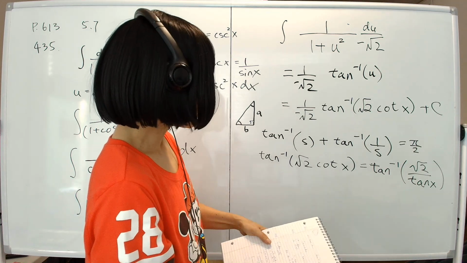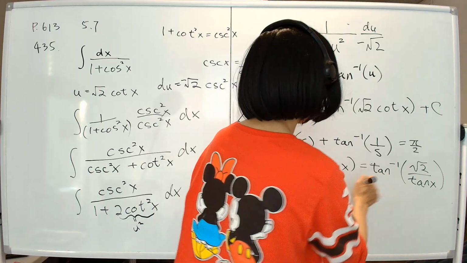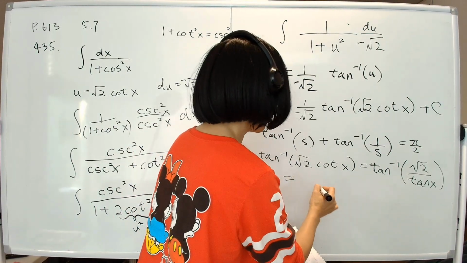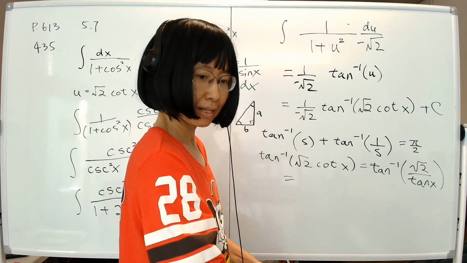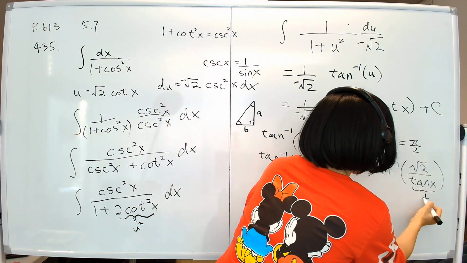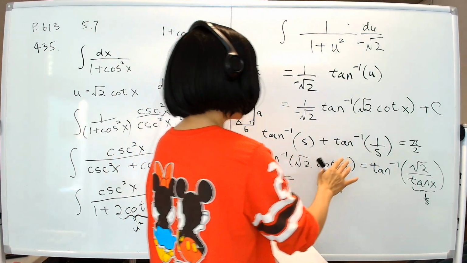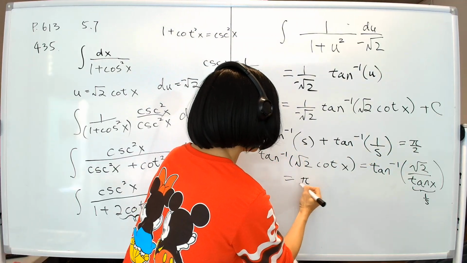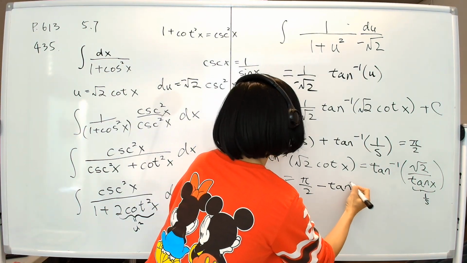And then next, we'll apply this formula, and that equals pi over 2, and we'll pretend this thing here to be 1 over s. So if this is 1 over s, we plug that in. So that equals pi over 2 minus this chunk, tangent inverse of just s.